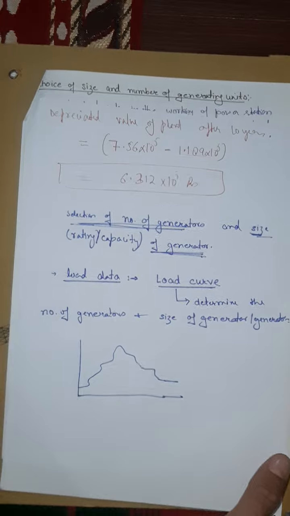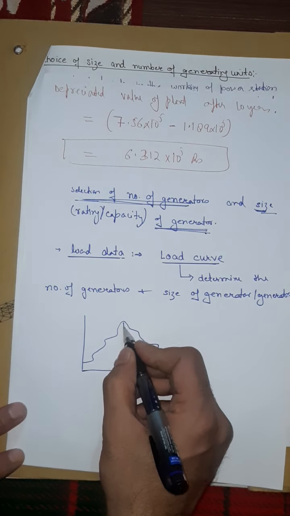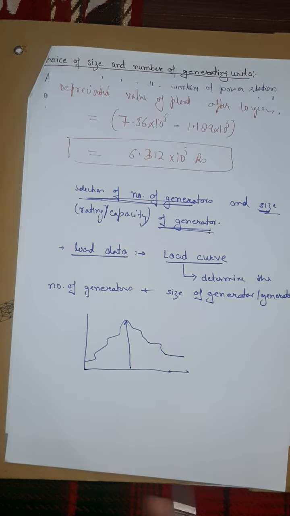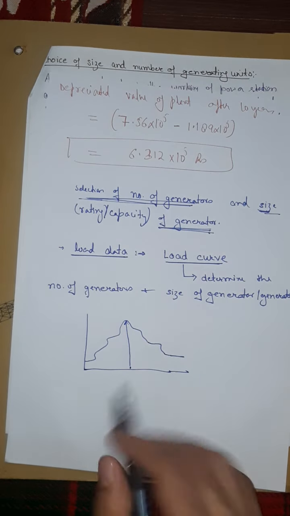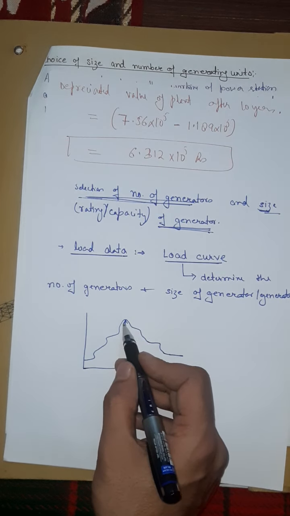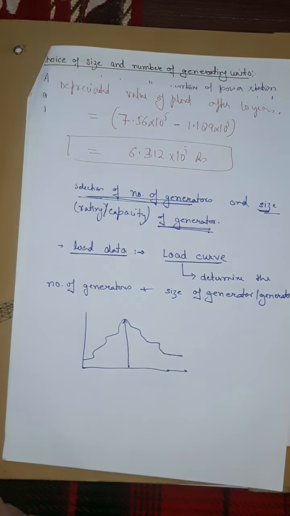Say this is your monthly load curve. You can see that this peak load occurs for a very short duration of time. If you use a single generator of large capacity equal to the maximum demand, that generator is to be kept on at its rated value for a very small period of time.